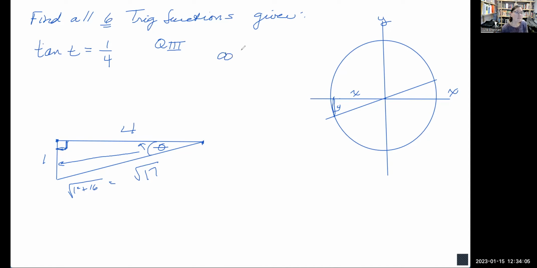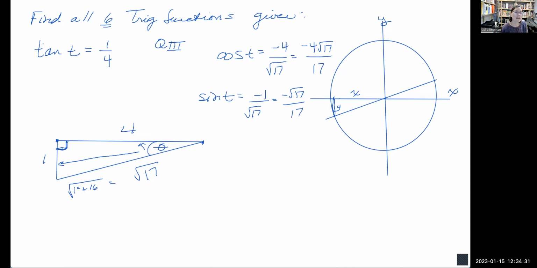So my cosine of t is going to be negative 4 over the square root of 17, and of course I need to rationalize that, right? My sine is going to equal negative 1 over the square root of 17, which then becomes negative root 17 over 17.